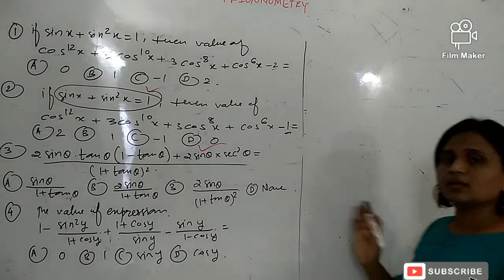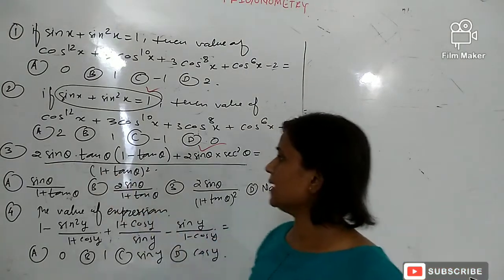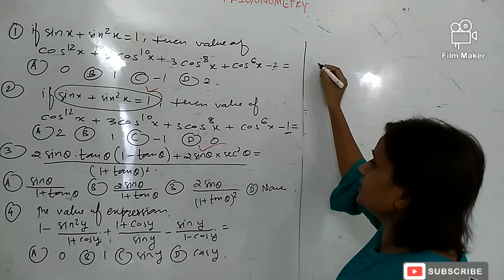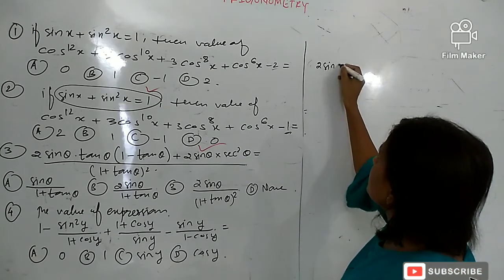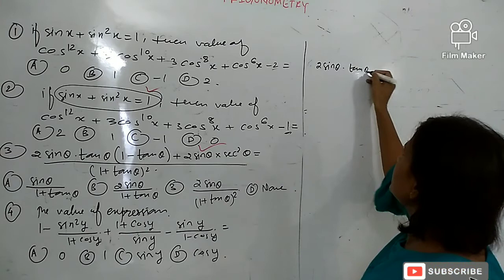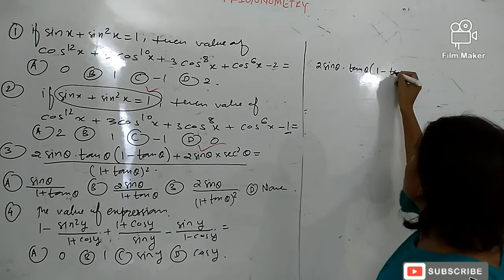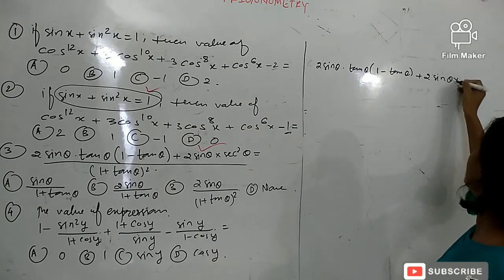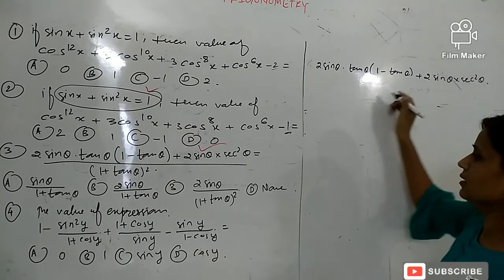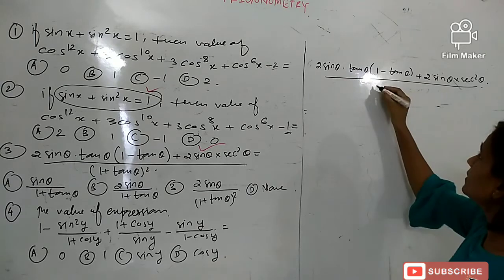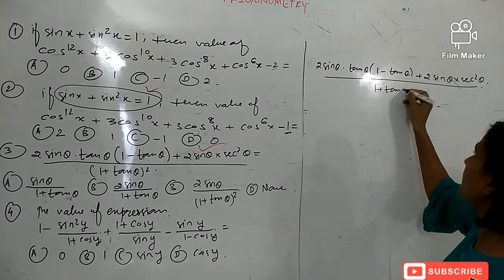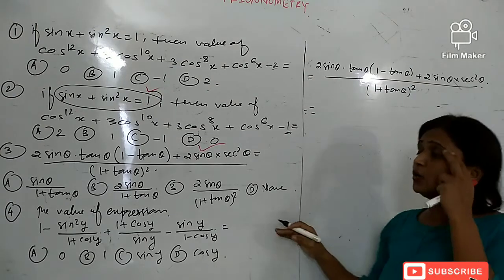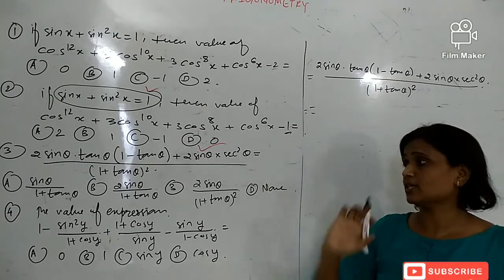So the next question is the third question. Just start from the given expression. The given expression is 2 sin theta into tan theta bracket 1 minus tan theta, plus 2 sin theta into sec square theta, divided by 1 plus tan theta, the whole square. We have to find the value of this expression.